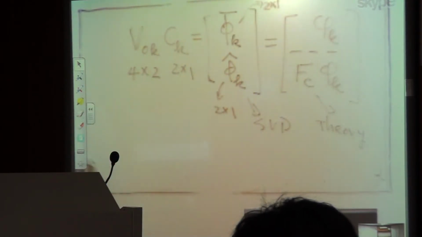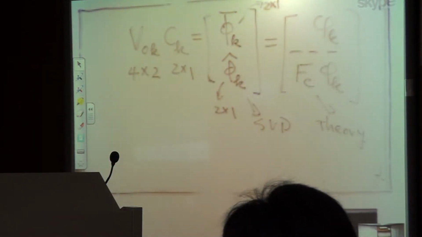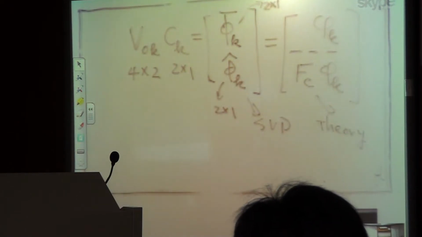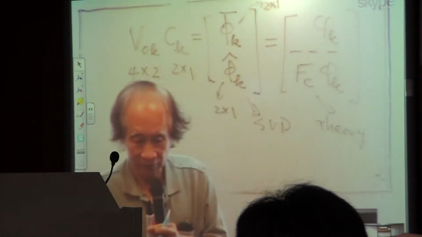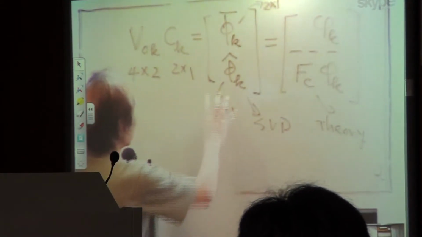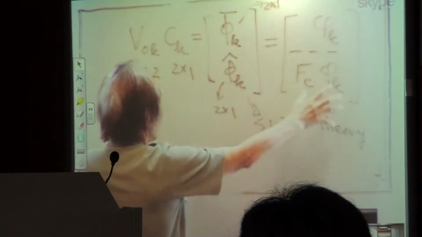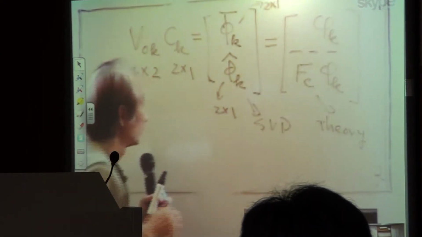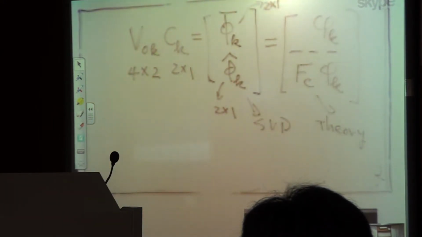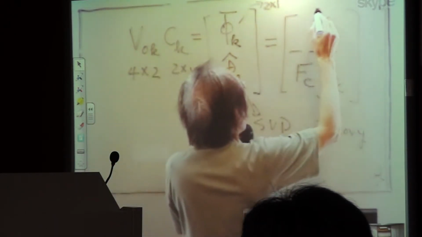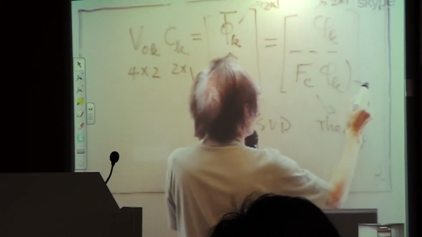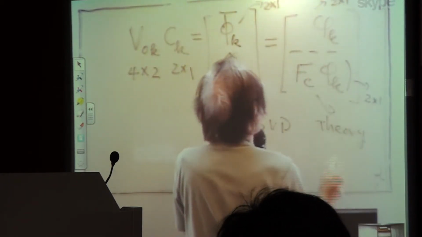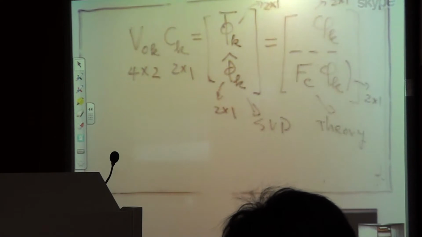Alright, so this example uses 4 by 2, and it is your homework dimension. So keep in mind your homework dimension will be like this: this will be 2 by 1, and this will be 2 by 1 too.